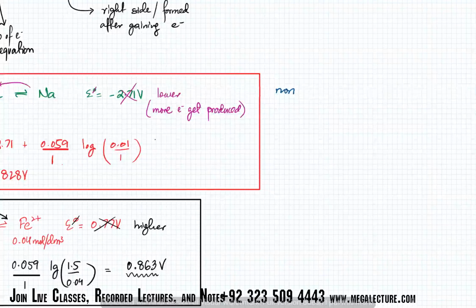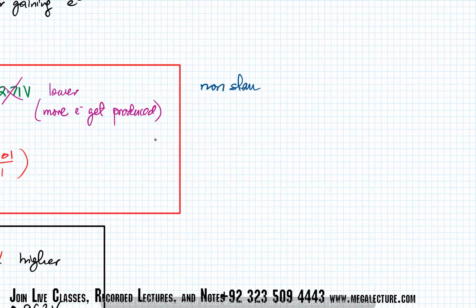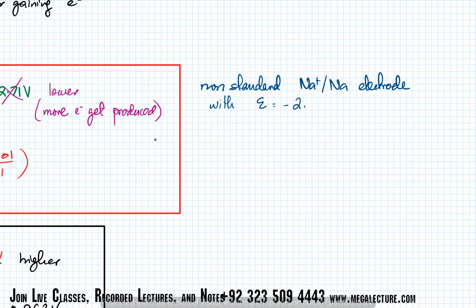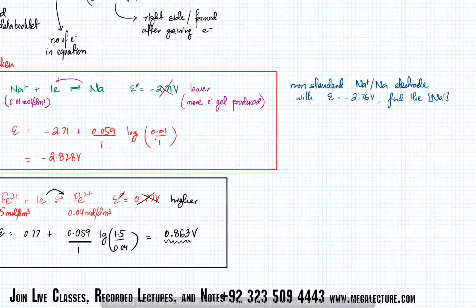There's a non-standard sodium ion sodium electrode, with E equals minus 2.76 volts, instead of the standard minus 2.71. You're supposed to find the sodium ion concentration, square brackets. So the whole question is in reverse.